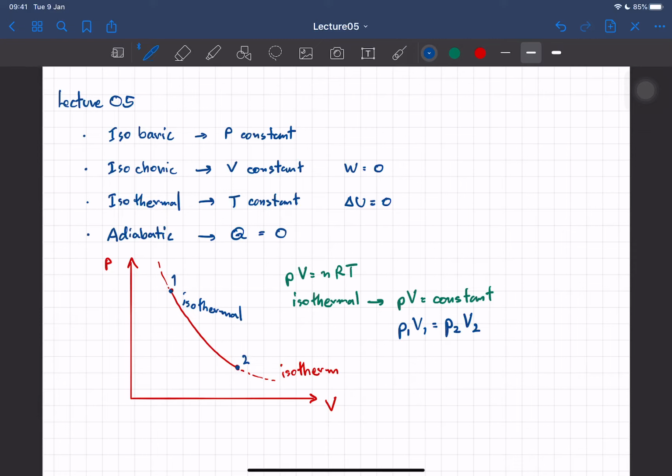So if you know the pressure at points 1 and 2, and you know the volume at point 1, then you can calculate the volume at point 2 using this simple relation, which follows directly from the ideal gas law.